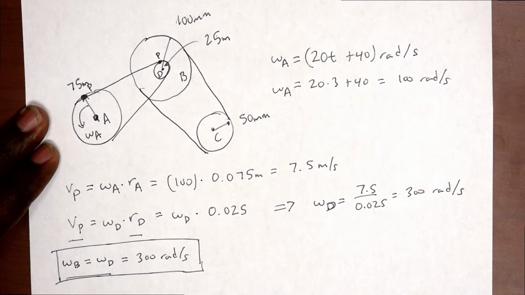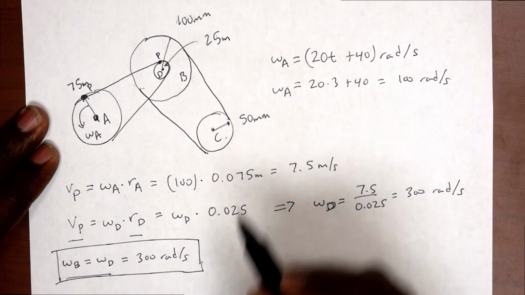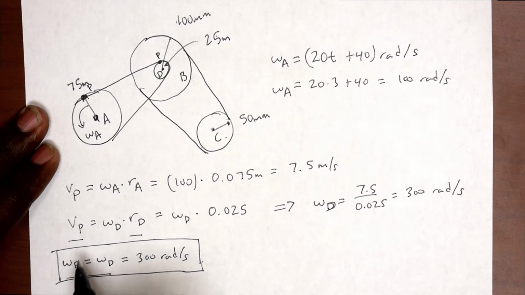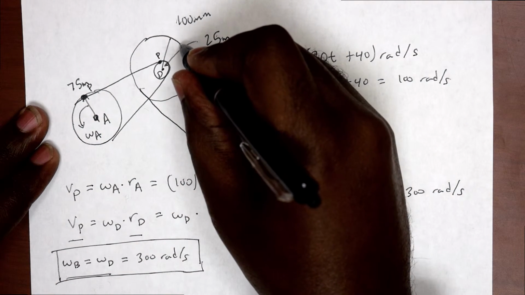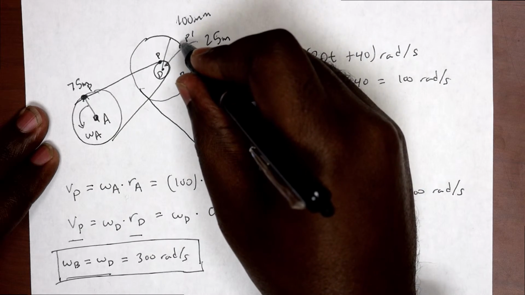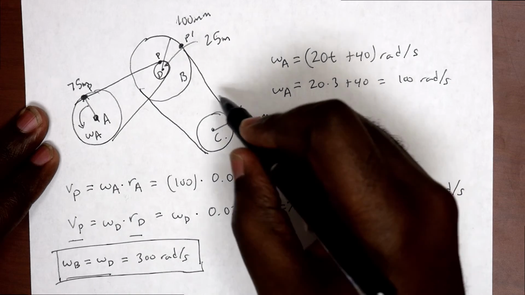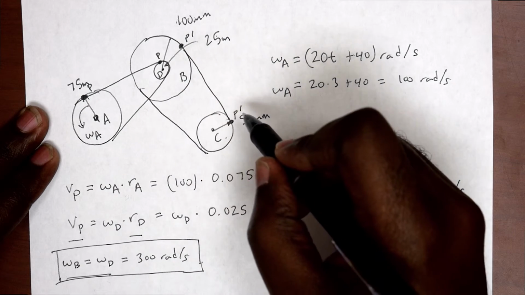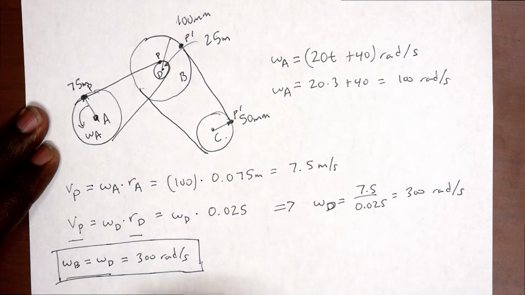And so the next step is to find omega C for this pulley C. And we can do the same thing as what we did for that point P. So we can select another point. Let's call it here P prime, because it is a point, and since it's on a pulley, we know that since the length of the belt doesn't change, the tangential velocity has to be equivalent between those 2 points.